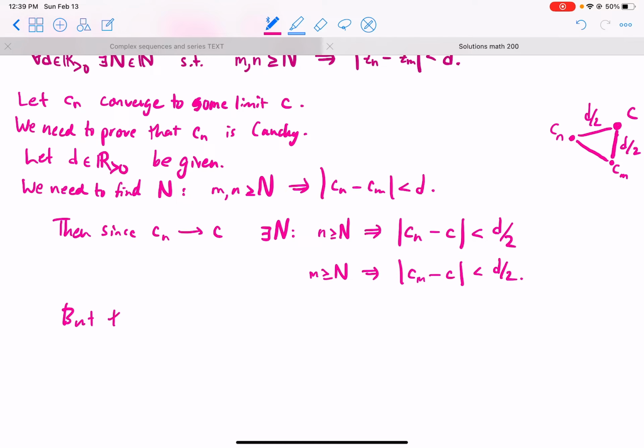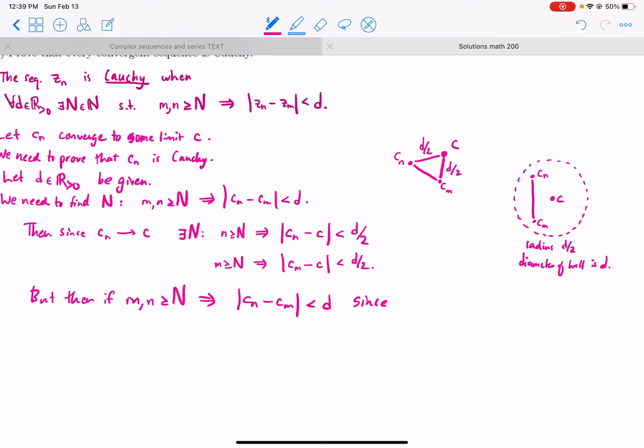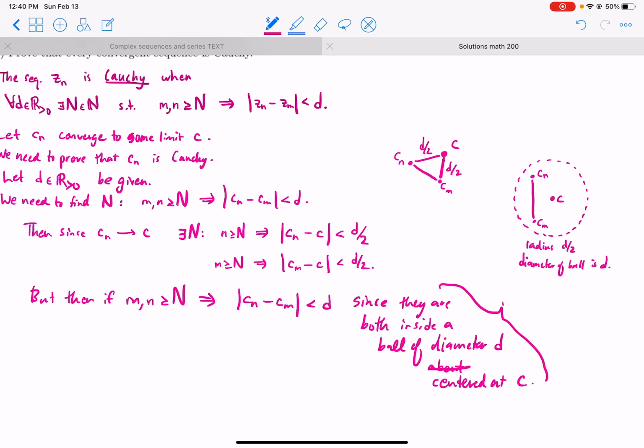But then, if both little m and little n are past that point, that implies that C sub n minus C sub m is less than d, since they are both inside a ball of diameter d centered at C, the limiting value. In other words, I just described this picture.